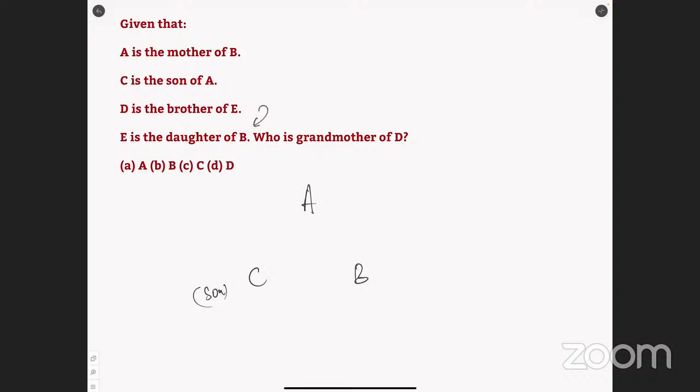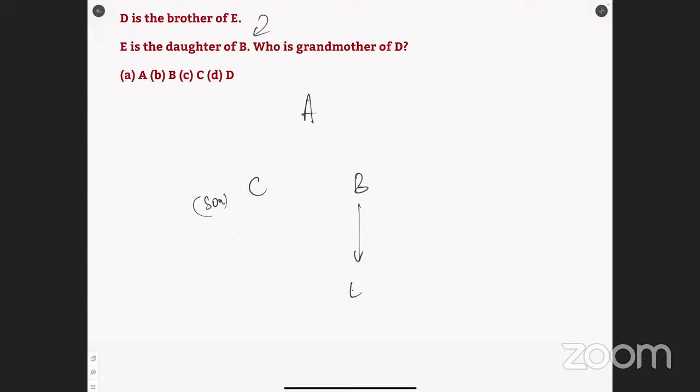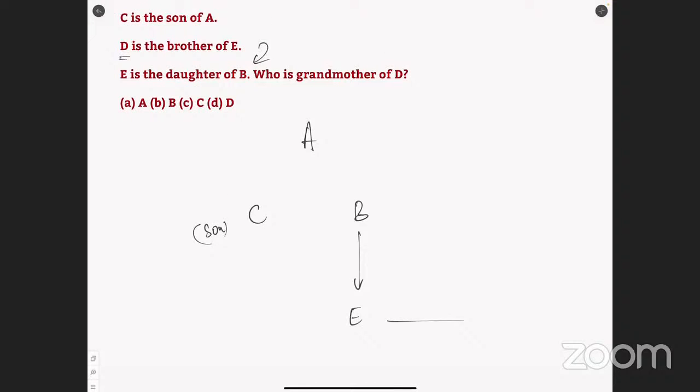In the next line, they have given the details of E. E is in fact the daughter of B. Okay, B has a daughter who is named E, and D is the brother of E. E has a brother, D. That means B has two children, E and D. A has two children, B and C.